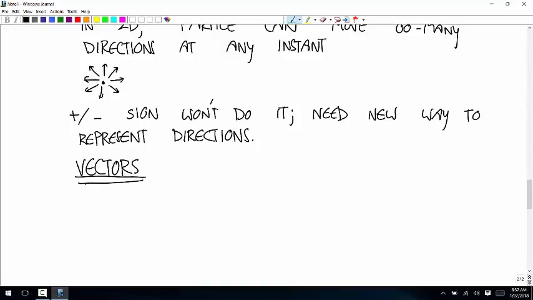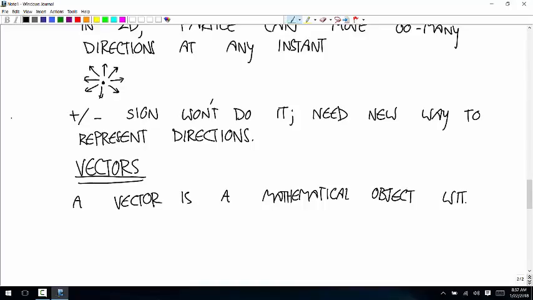Have you guys used vectors at all in math? A lot? Okay, so a vector is a mathematical object with the two properties, magnitude and direction.